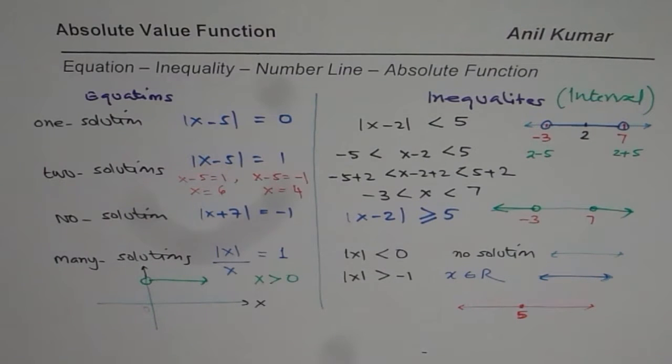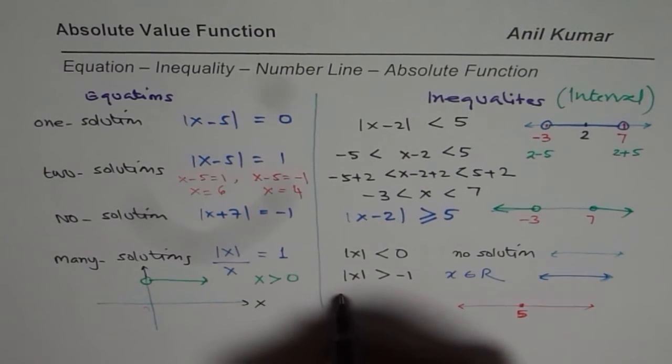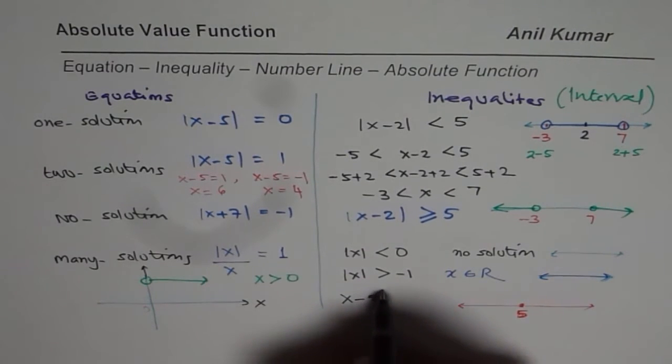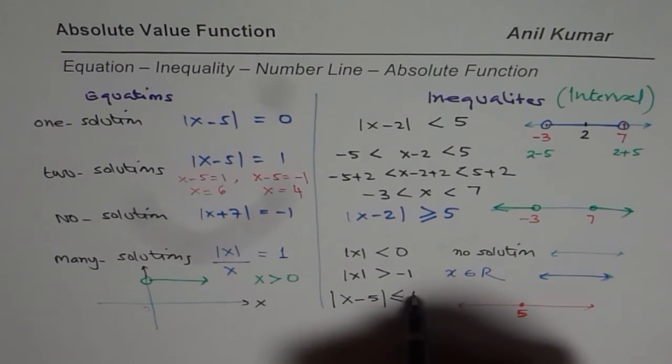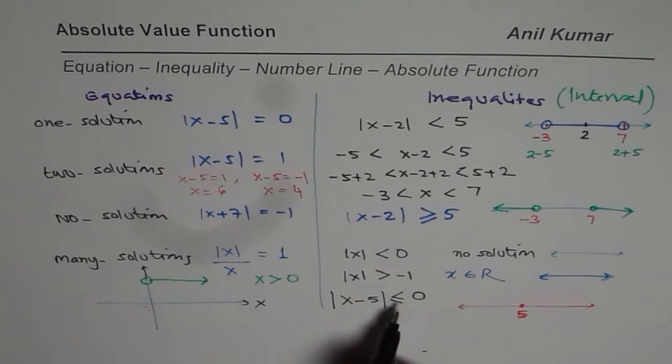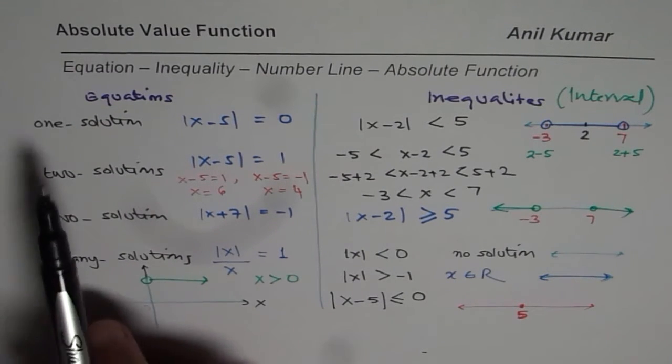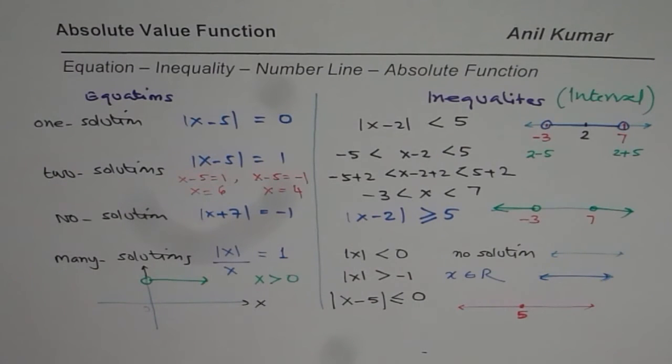Well, think about it. And here is the solution. It could be |x - 5| less than or equal to 0. If you solve this inequality, you have only one solution. You get the idea, right? So that scenario of having one solution is also possible in inequalities.